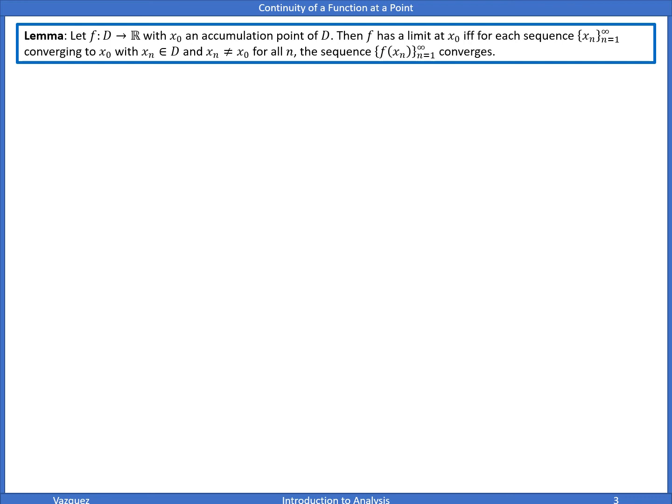If we let f map D to R, with x naught an accumulation point of D, then f has a limit at x naught if and only if for each sequence xn converging to x naught with xn part of D and the terms of the sequence not equal to x naught, the sequence f of xn also converges. Right, so all that's saying is, let me just draw a picture for that.